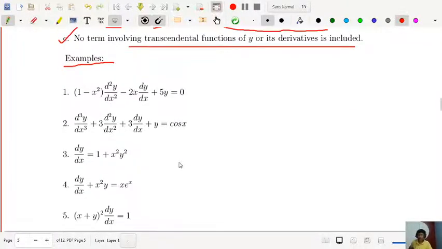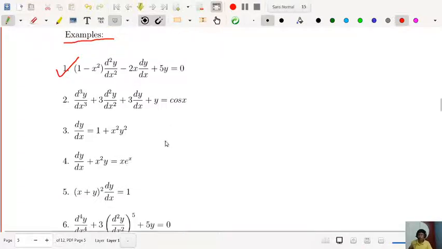Okay, so first one. What about first one? You see, coefficients are function of x or maybe constant, and you have a second order derivative, the highest order derivative is second order. The dependent variable is y, so its power is 1, and the degree of derivatives is 1 also.